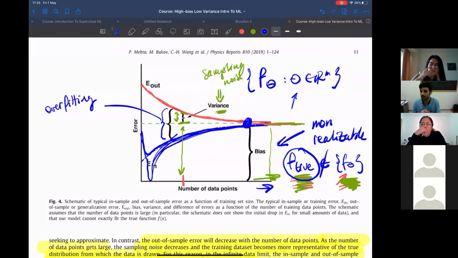If you are training a model on a very large amount of data, the only thing you will capture are things that are statistically present in all the data points, while the noise is something purely random that depends on the data points, okay?